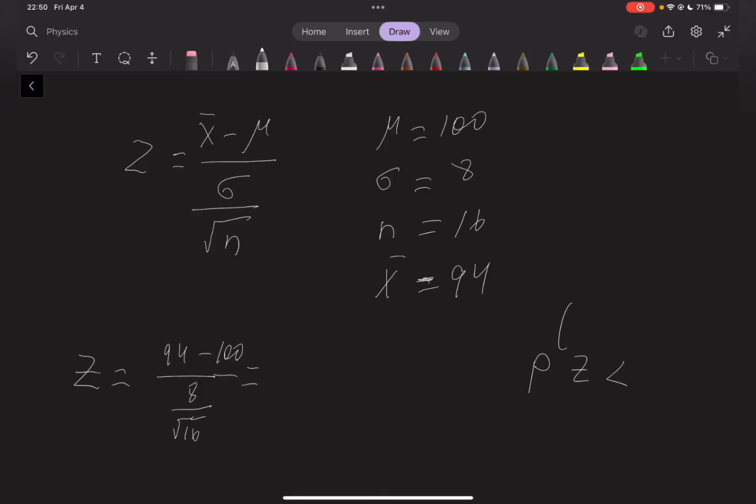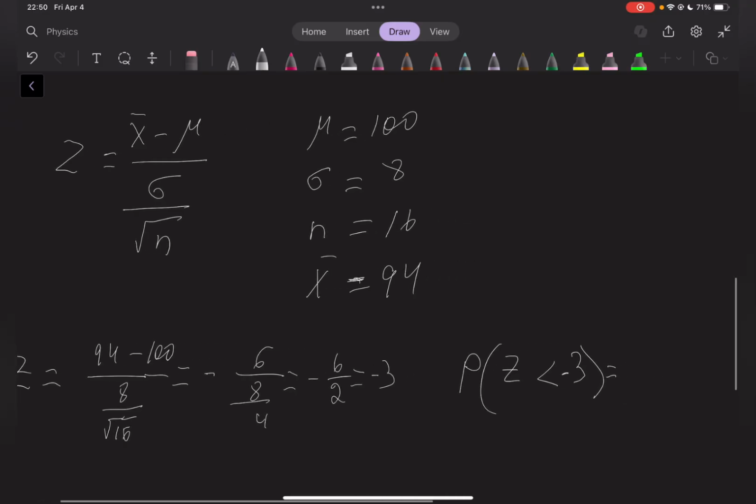So what do we get here? Negative 6. 8 divided by the square root of 16 is 4, wait, 2. We are getting negative 6 over 2, and the answer is negative 3. So we need the probability that the z-score is less than negative 3. For that, we are going to go to the calculator.